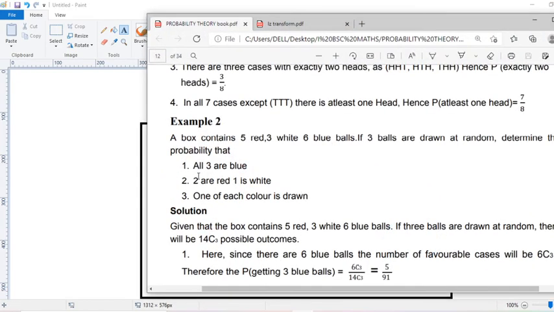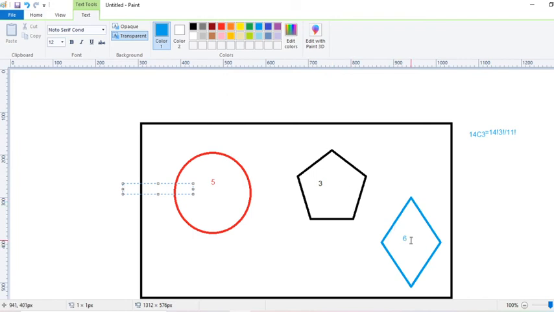Now we consider the first case. All 3 are blue. Blue can be chosen from these 6 balls. So the number of favorable cases is 6C3, that equals 6 factorial divided by 3 factorial into 6 minus 3 factorial.